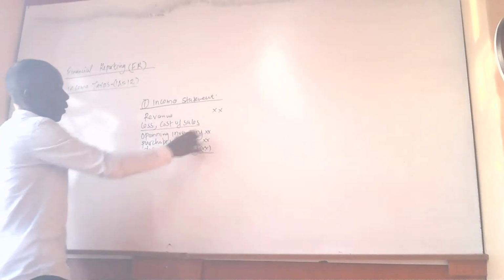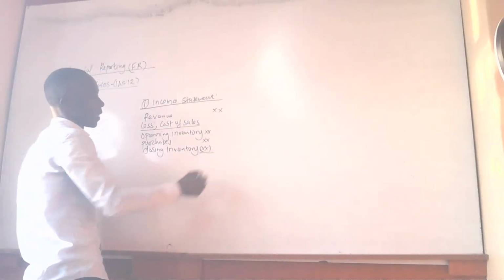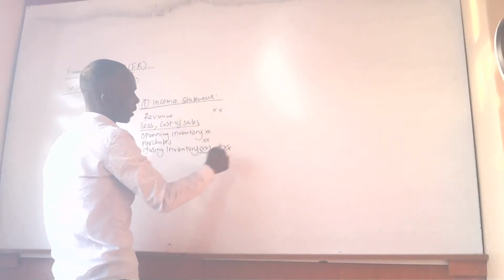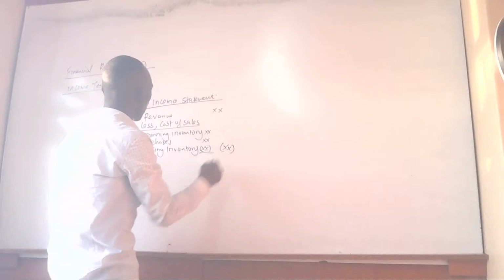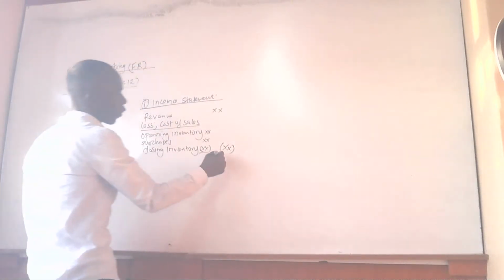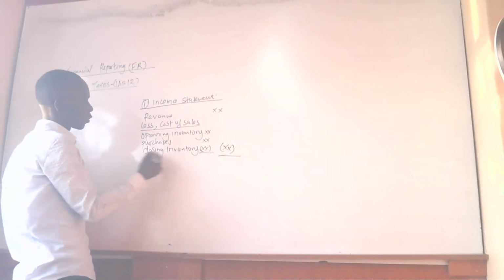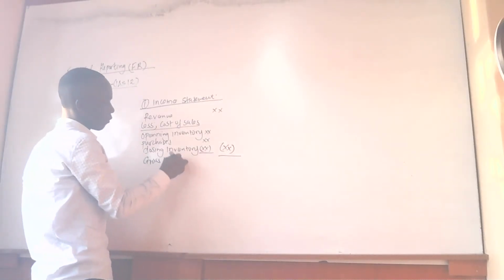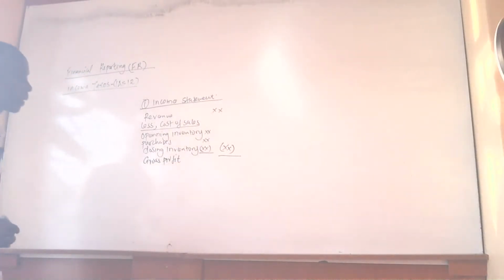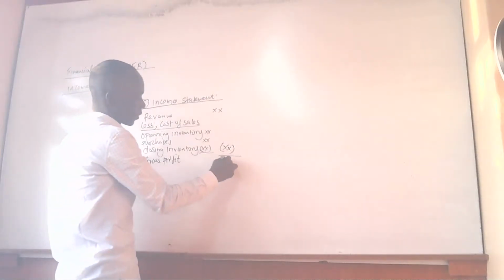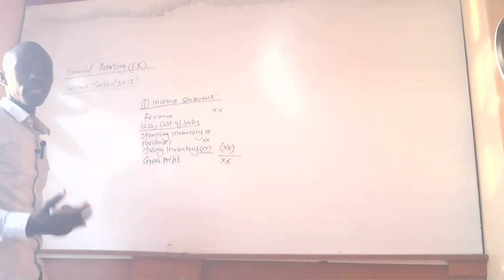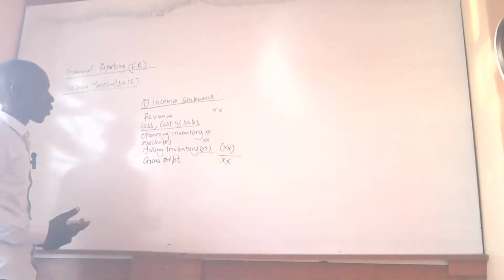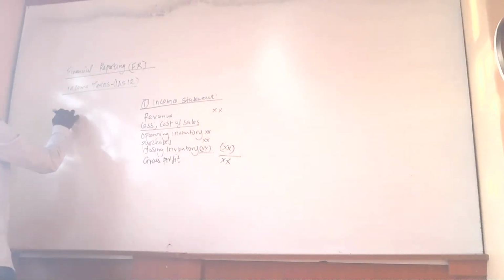When you accumulate the three, that is how you arrive at the cost of sales, and for you to arrive at the gross profit.